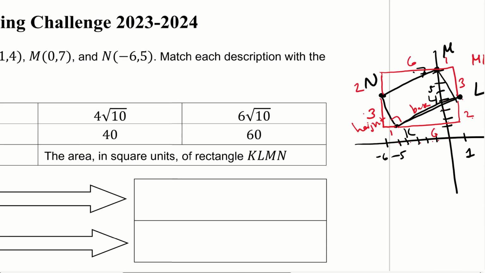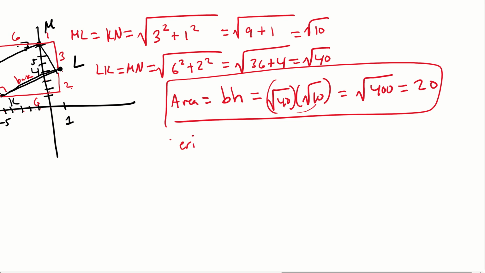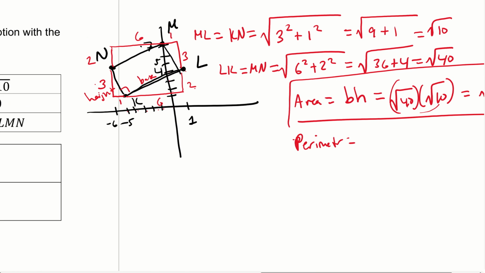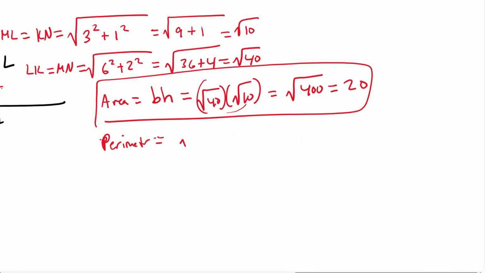All right, now let's do the perimeter. So the perimeter is when you add up all the sides, right? So that's what we're going to do. We're going to add up these 4 sides, but we already know what they are. So let's just add them up. Actually, let's break these apart. We can break apart the square root of 40. Remember when we broke down radicals? So let's break that apart.